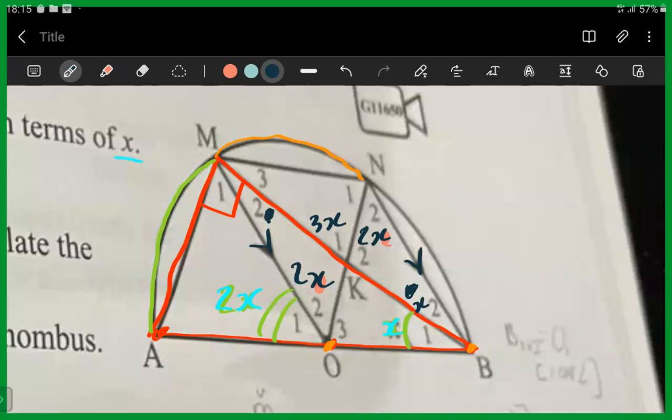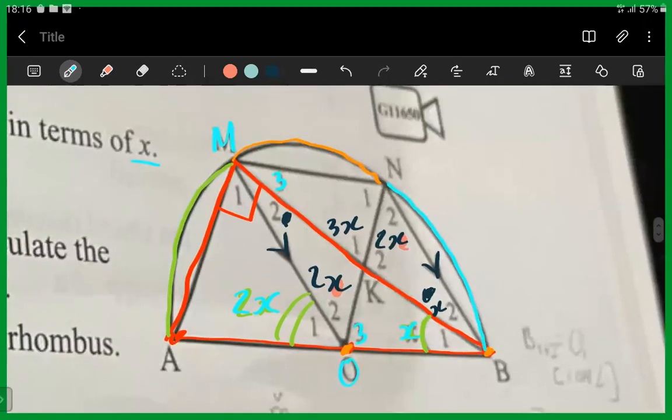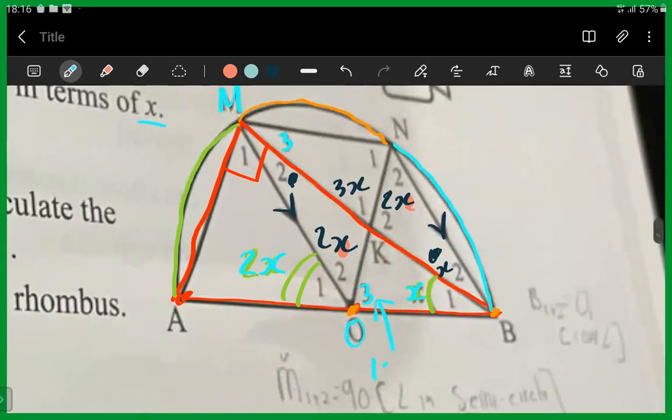And O3 is double M3, because this is the angle at the circumference, this is the angle at the center, and they are both subtended by the same arc. So make use of that information, because already you know that this part here is giving you 180 degrees minus 4x.